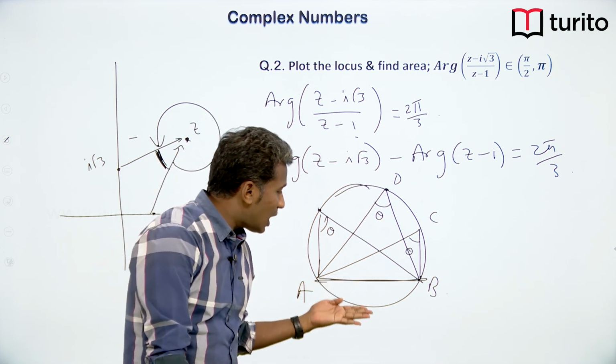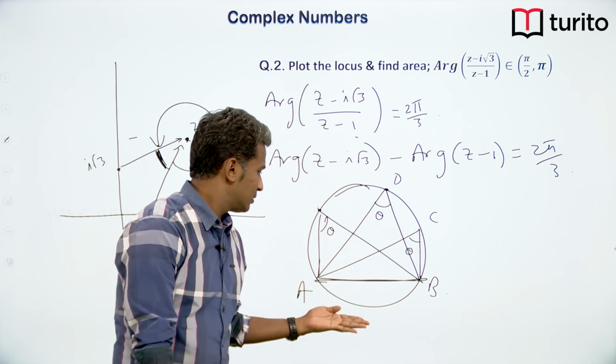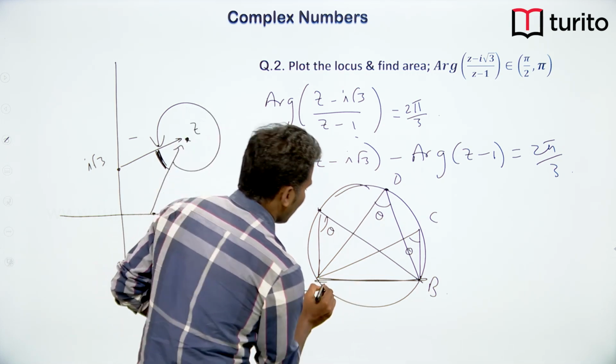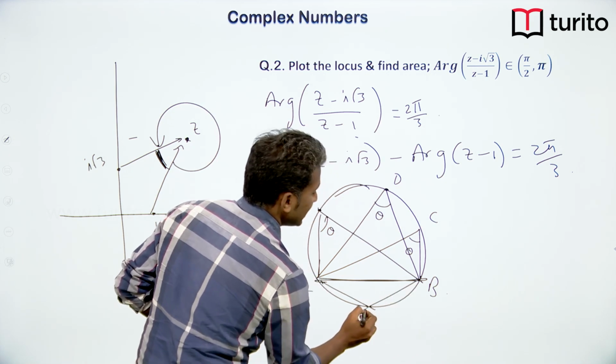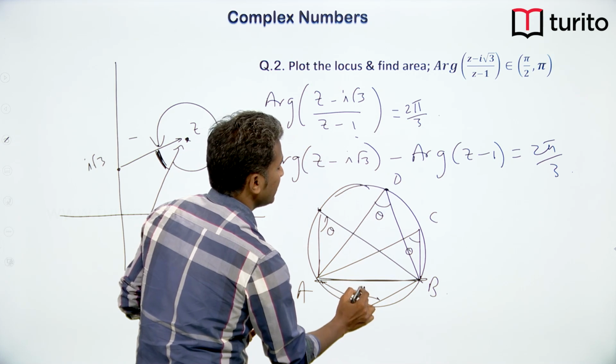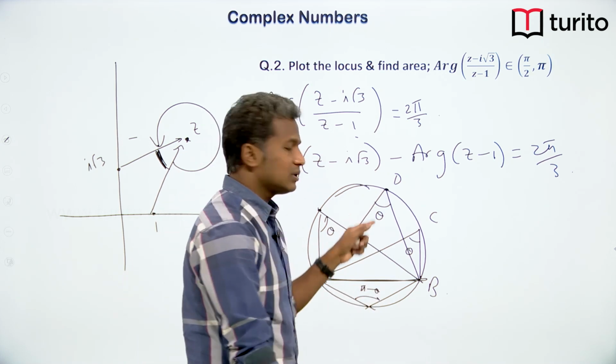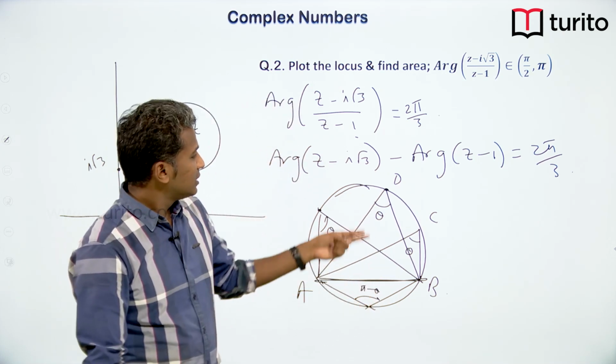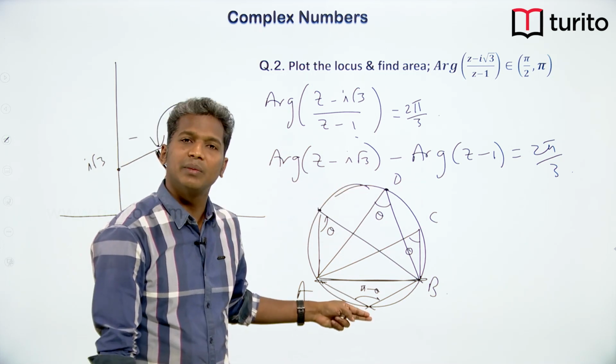But if you take the other side, which is the minor arc, then for all the points on this minor arc, the angles will be equal, but that angle will be pi minus theta. You know the property of a cyclic quadrilateral: if this angle is theta, this will be pi minus theta.